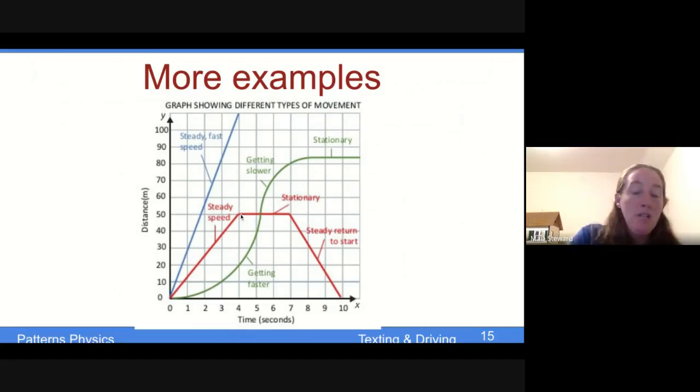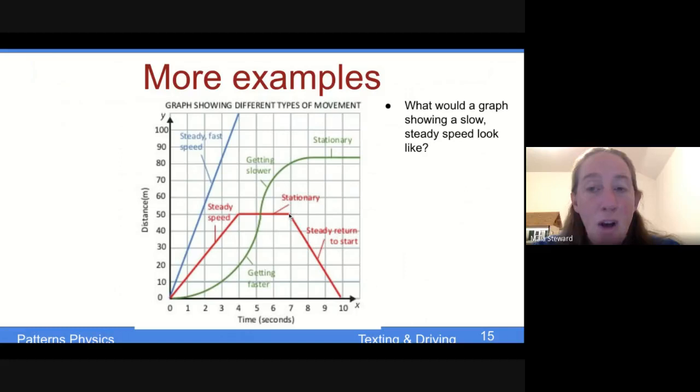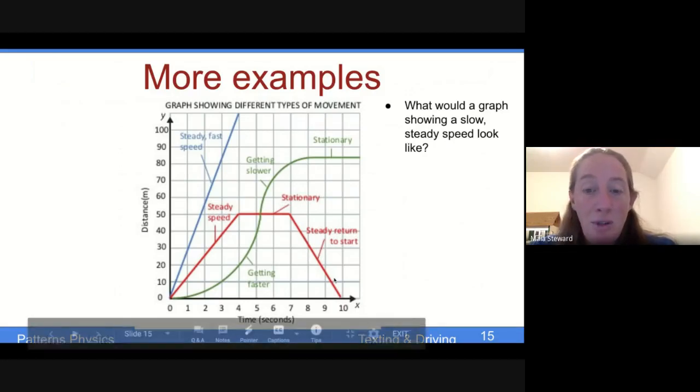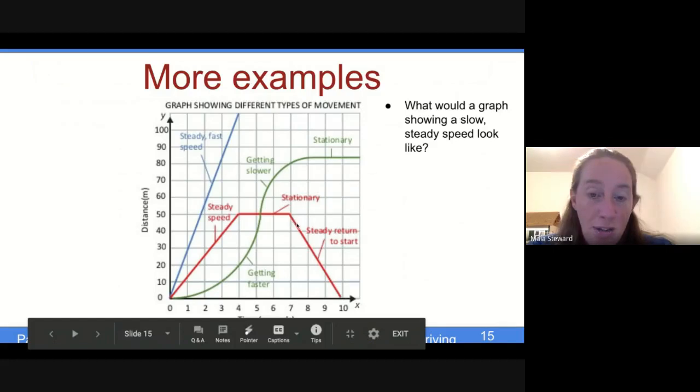And so slam on the brakes, crazy fast, instantaneous stop, which is probably not entirely accurate. And then it's a straight line across. So over this period of time, the car has gone no distance at all. So that would be stationary. Then, if we had to reverse and go back to where we came, you're actually losing distance and it would go down the other way. So this would be a car actually in reverse.